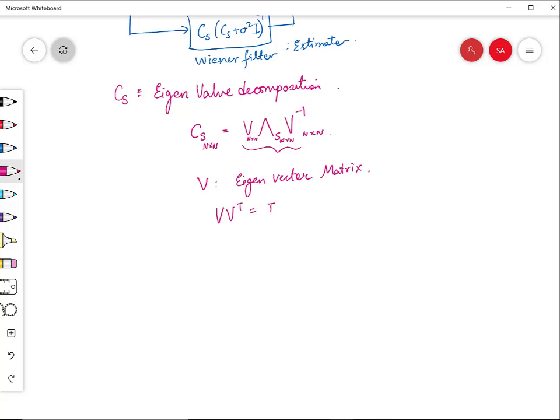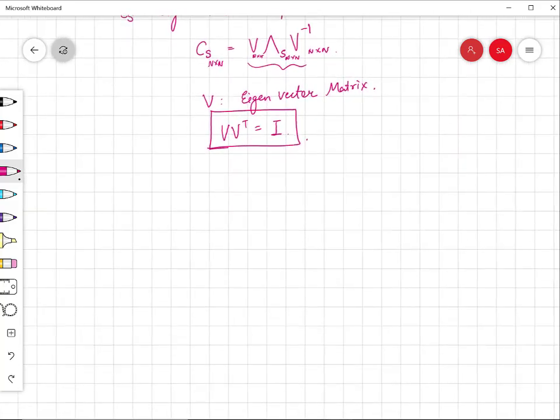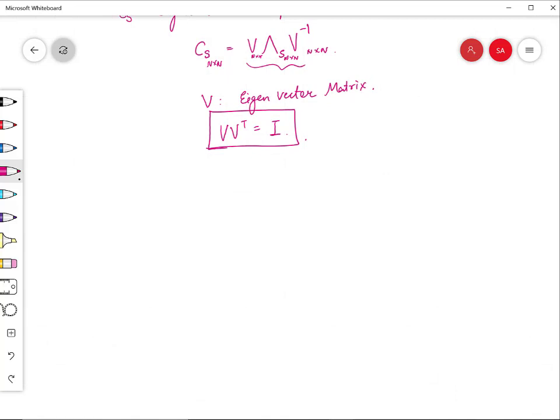V transpose V is the identity; this is the property here. V transpose V comes out to be the identity matrix. The lambda S is a diagonal matrix, and the elements of this diagonal matrix are the eigenvalues of matrix Cs.